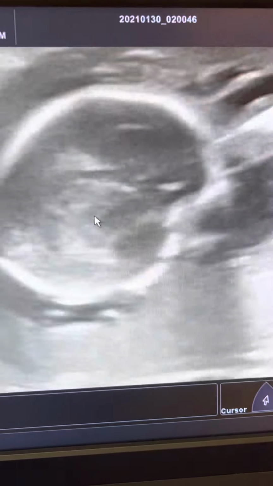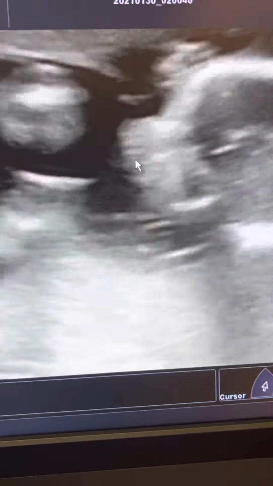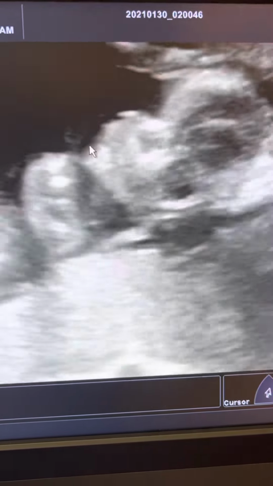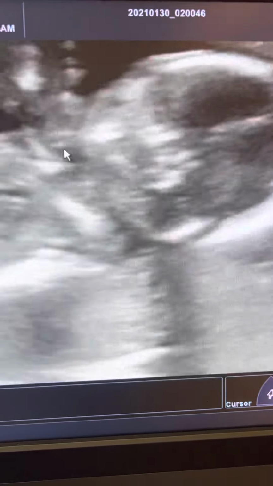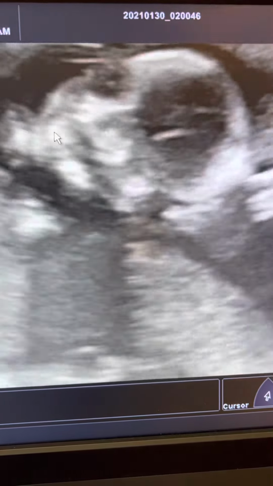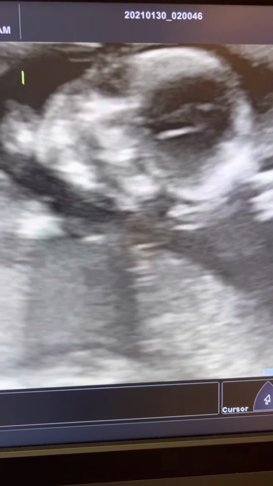So we'll continue to other parts of fetus A. In this view, we can see the lips here. See, the mouth is moving. So here we have lips.